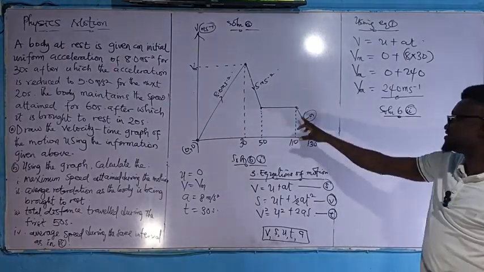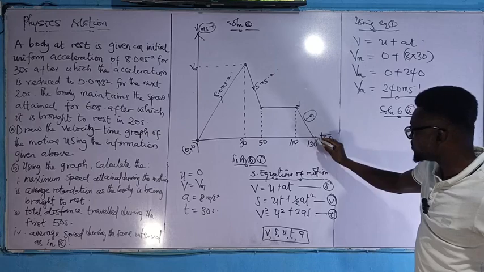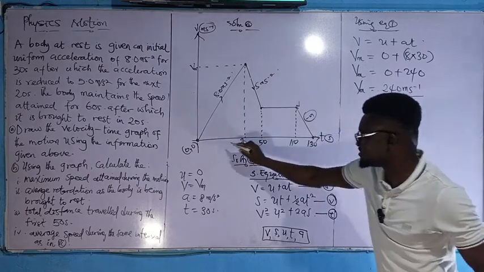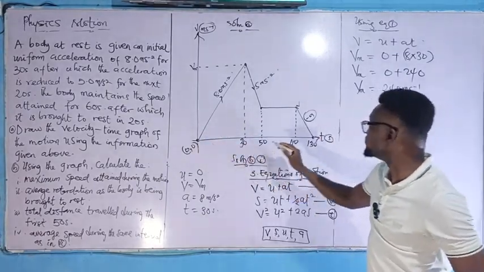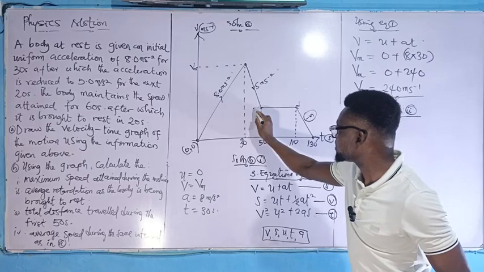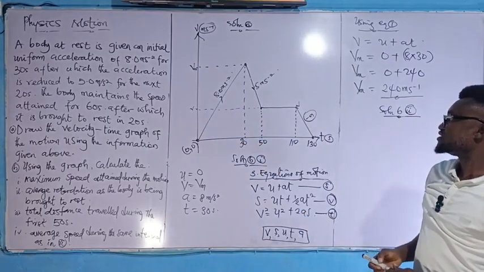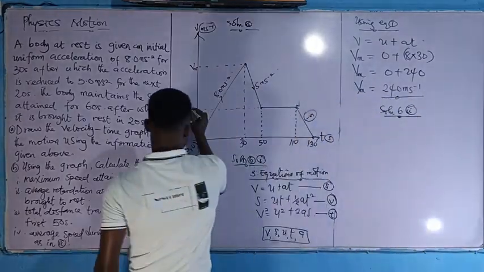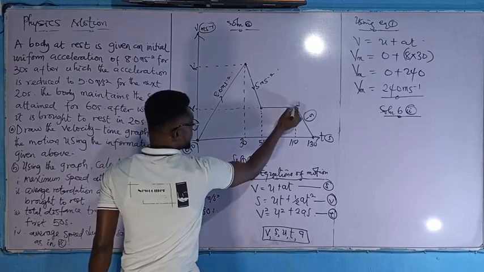Now, in order to get this retardation, we need to know the velocity at this point. The velocity at this point is already 0. You trace it to the vertical axis, you have 0. Then what about this? We don't know the value. The velocity here is the same as here.